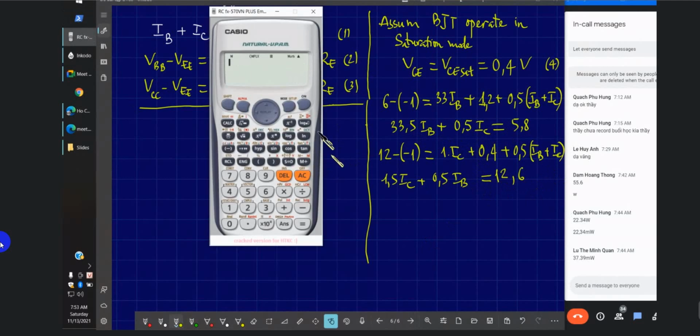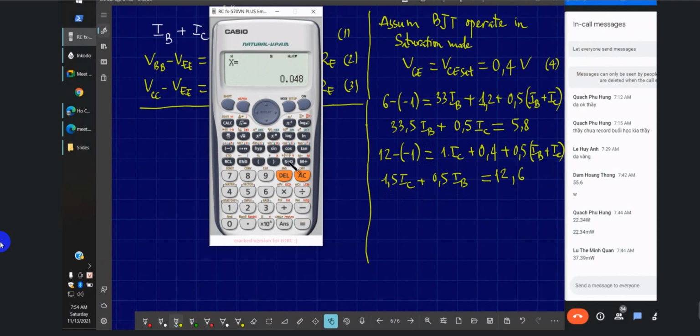I open my calculator and put in the parameters: 33.5, 0.5 and 5.8, 1.5. No, remember the IB is the first column, so I got the wrong one. So 0.5, 1.5, and 12.6. All right, double check, and you got the result.